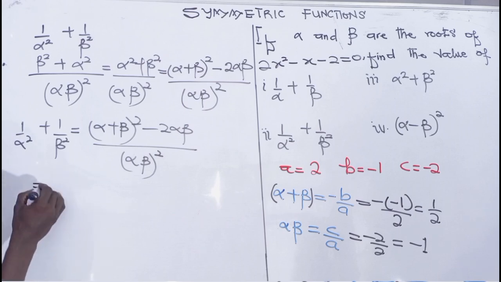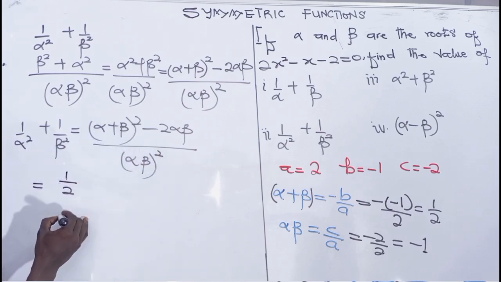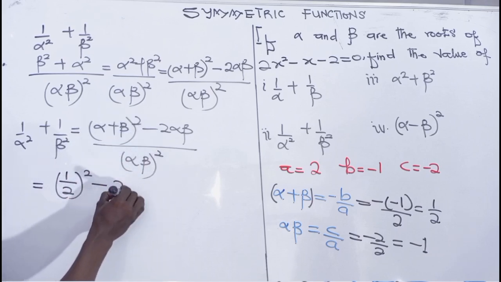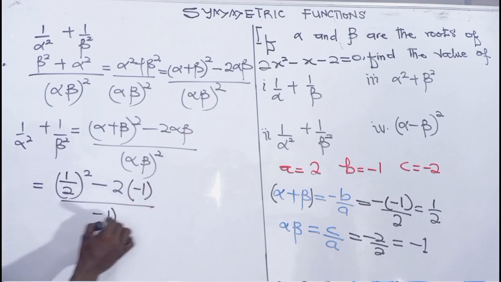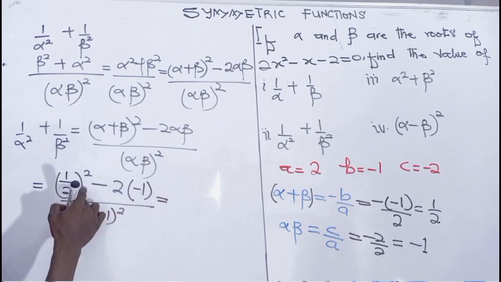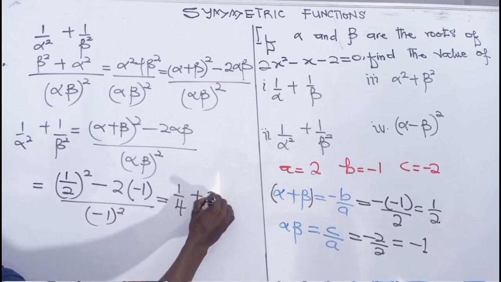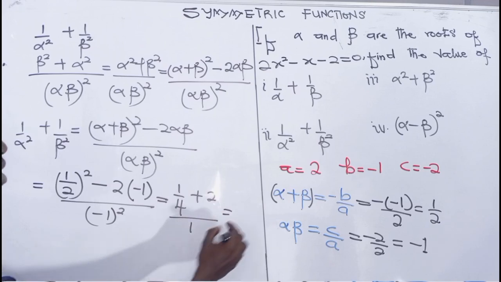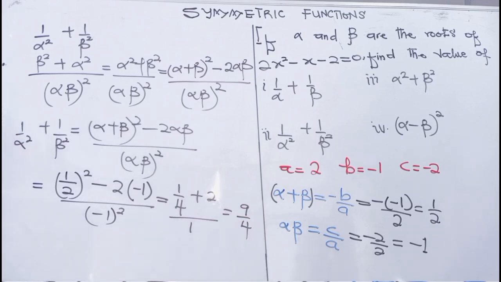So we will have alpha plus beta, we had 1 over 2, squared, minus 2 alpha beta, we have minus 1, all over minus 1 all squared. This will give us 1 over 4 plus 2 over 1. And when you simplify, you are going to get 9 over 4, as easy as that.